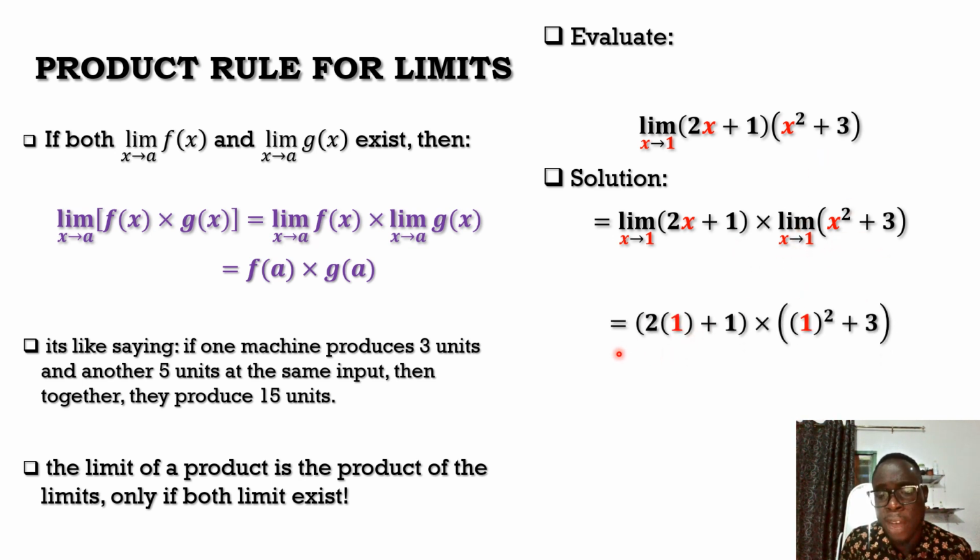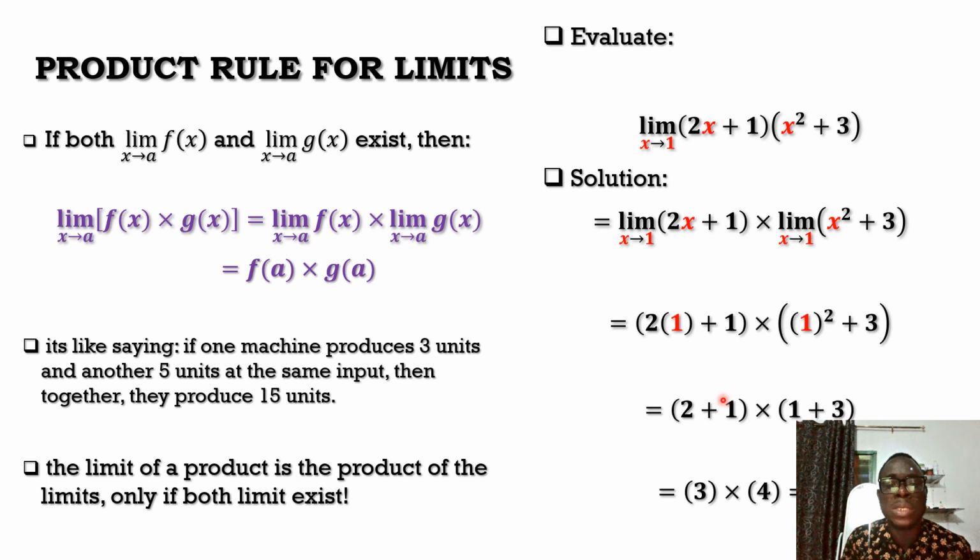When we do that, we're going to have 2 times 1 plus 1 times 1 squared plus 3. And 2 times 1 will be 2, so 2 plus 1 is 3, times 1 plus 3 is 4. Then 3 times 4 will give us 12.